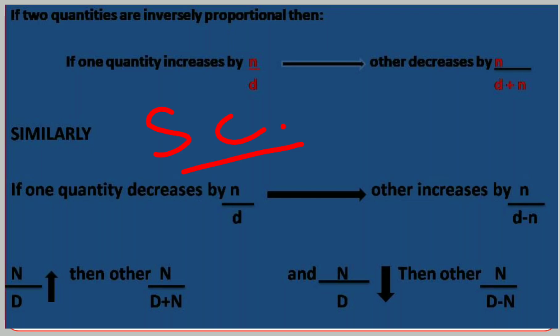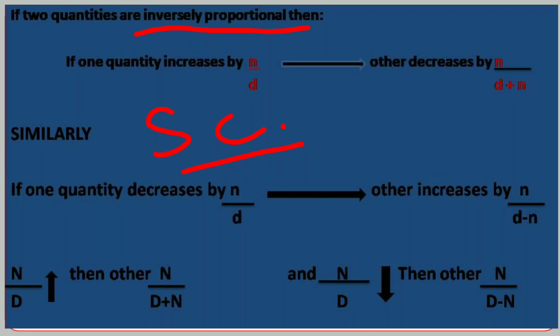Right? If two quantities are inversely proportional, see what are inversely proportional quantities? If an increase of one causes a decrease of the other quantity. I will explain what quantities are inversely proportional a little bit ahead, right?